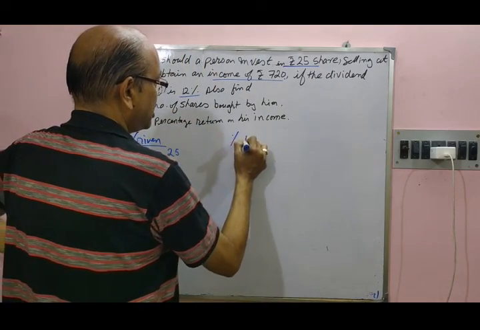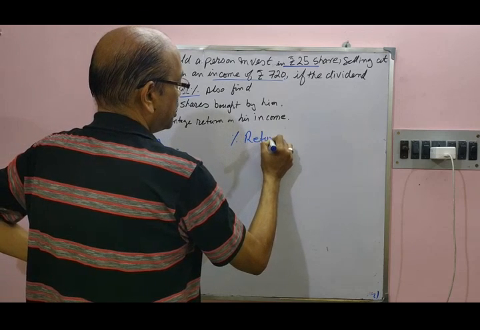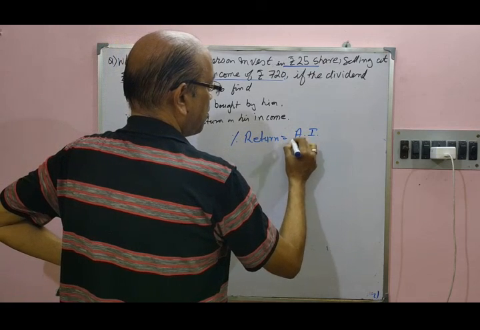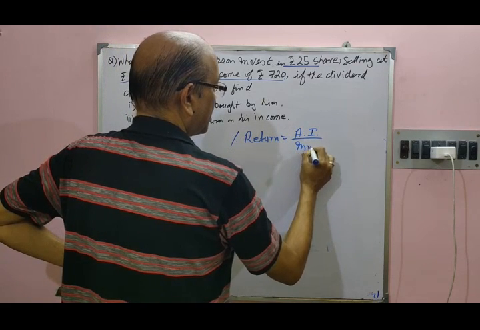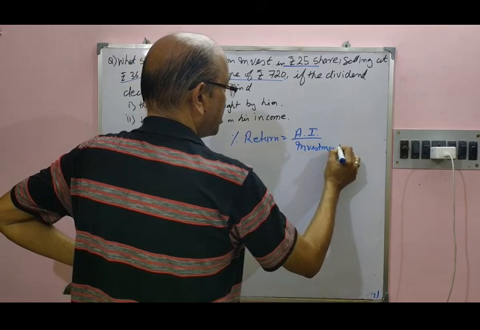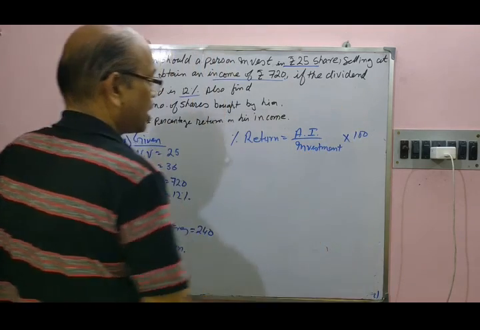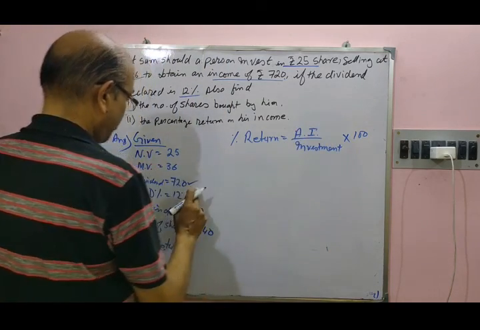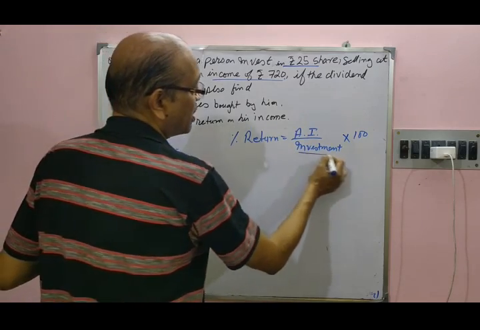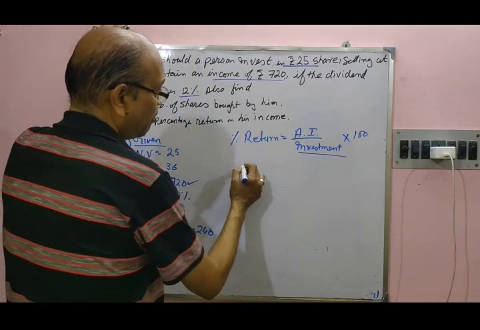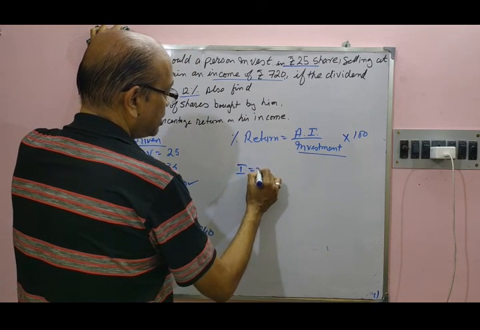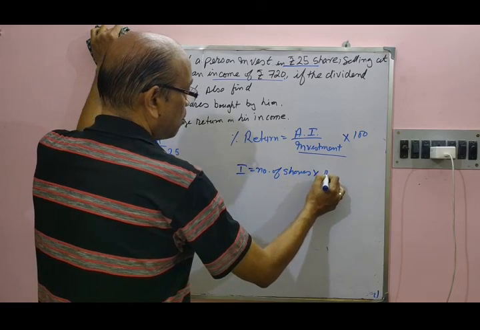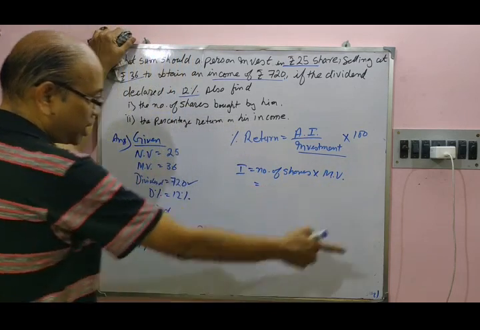What is the formula for percentage return? Percentage return is annual income by investment into 100. Annual income we know 720, that is the dividend. We have to first find the investment. Now what is the formula for investment? Investment is number of shares into market value.